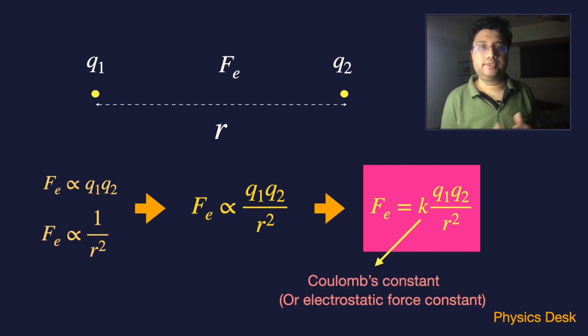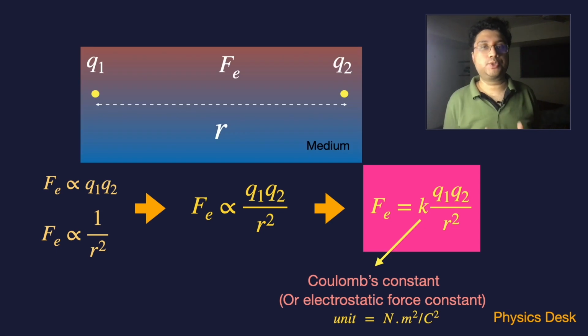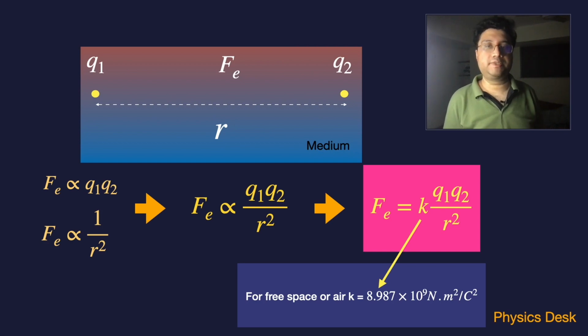This constant is known as Coulomb's constant or electrostatic force constant, and it has a unit of Newton meter square per Coulomb square. The electrostatic force between charged objects also depends on the medium in which the charges are placed. In case of free space or air, the value of Coulomb's constant K is found to be 8.987 × 10^9 Newton meter square per Coulomb square.